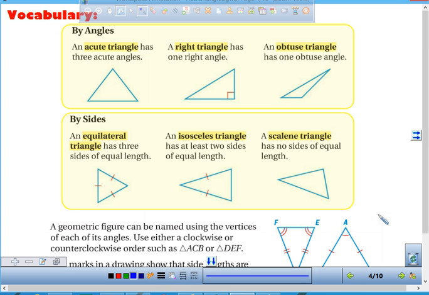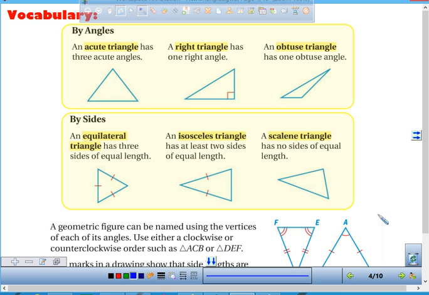And then we have some different names for different triangles. If all three angles of the triangle are acute, we call it an acute triangle. What does acute mean? Acute means less than 90 degrees. So that means all of these angles have to be less than 90 degrees, and then it's called an acute triangle.